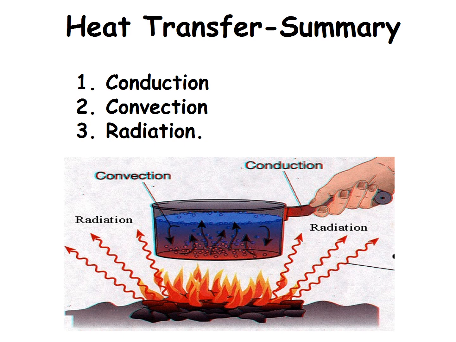So let's just summarize in this picture the three methods of thermal energy transfer. First of all, we have conduction, that is particles next to each other passing on thermal energy.